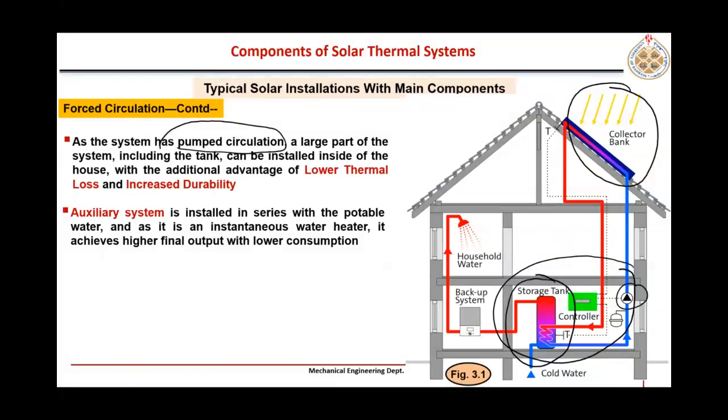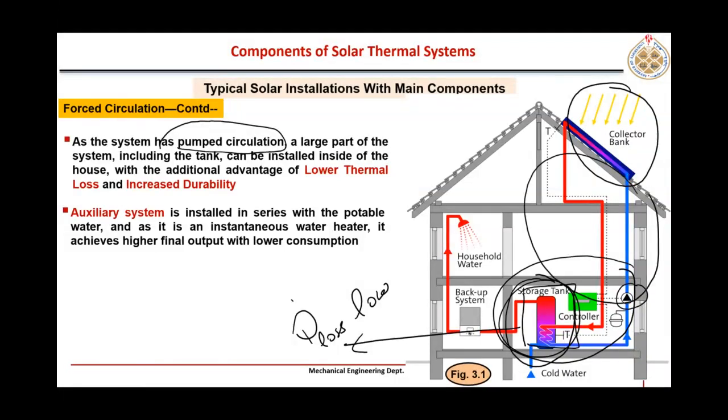Because the storage tank is inside, the thermal losses to the ambient are less. Low thermal losses from the storage tank and also from these pipes, because those are not exposed to cold ambient, right?